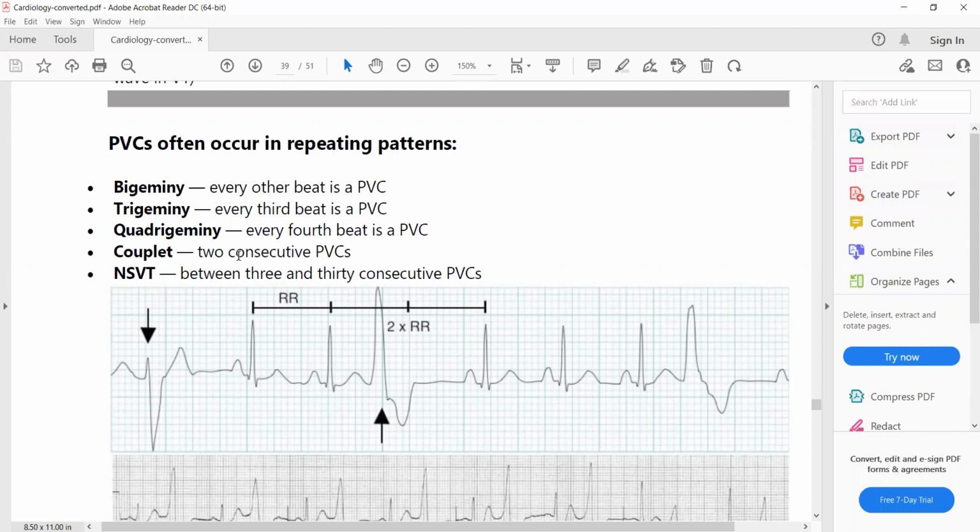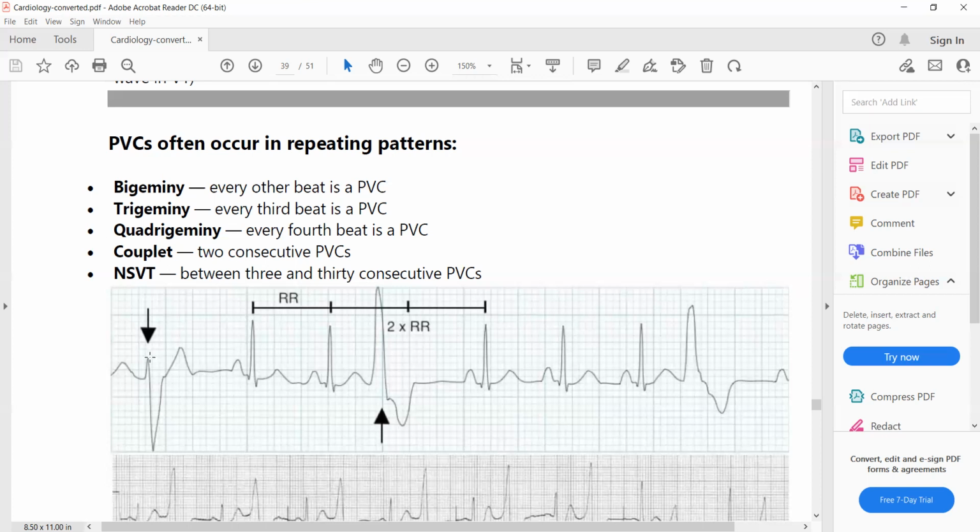If there are more than 30 consecutive PVCs, then it will develop into ventricular tachycardia, which can be dangerous. So less than 30 consecutive PVCs are known as non-sustained ventricular tachycardia.